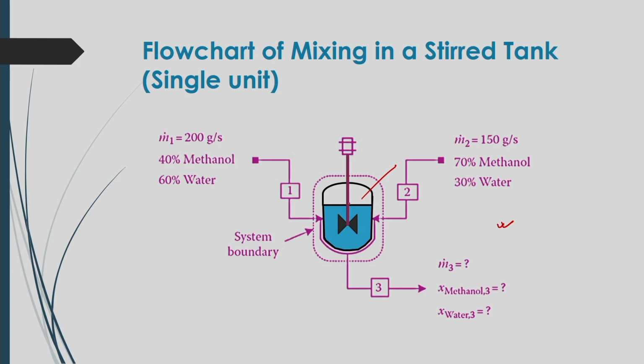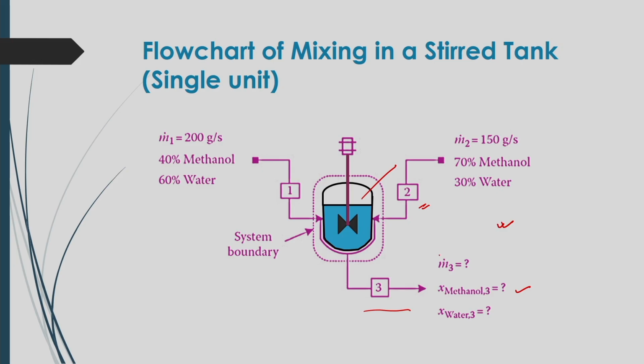In this case you will see methanol and water as feed one in this stirred tank, and also methanol and water in other proportions coming from stream two, and then after mixing, from stream 3 this mixture of methanol and water will be coming out from this stirred tank unit.